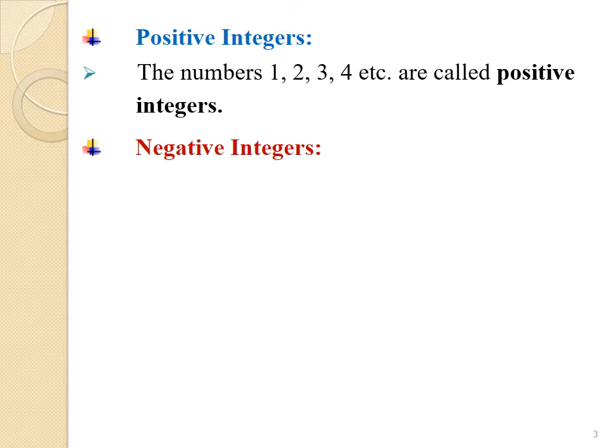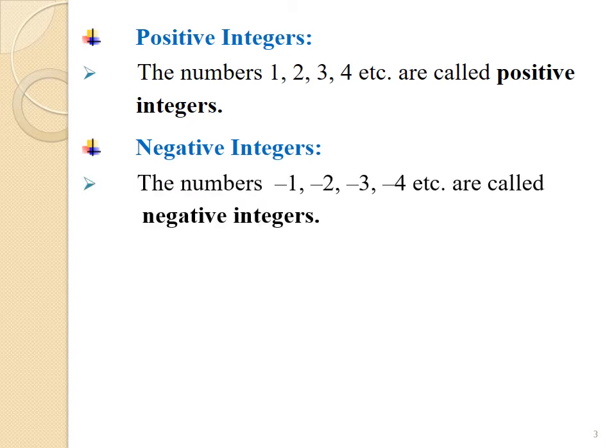Negative integers. The numbers -1, -2, -3, -4, etc. are called negative integers. The set of integers is denoted using the symbol Z or I.